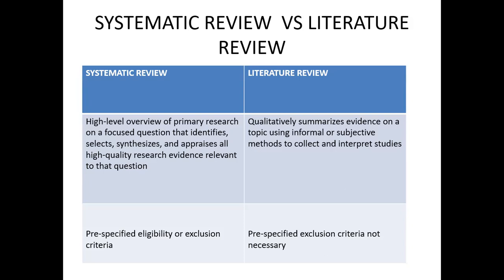The risk of bias is very high with literature review. Another characteristic, we have to specify eligibility and exclusion criteria in advance. We should know the inclusion and the exclusion criteria for systematic review. But with literature review, it's not necessary to have the inclusion and exclusion criteria prior to the research.